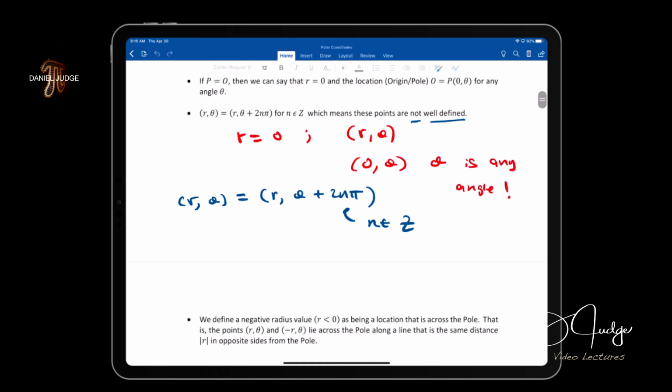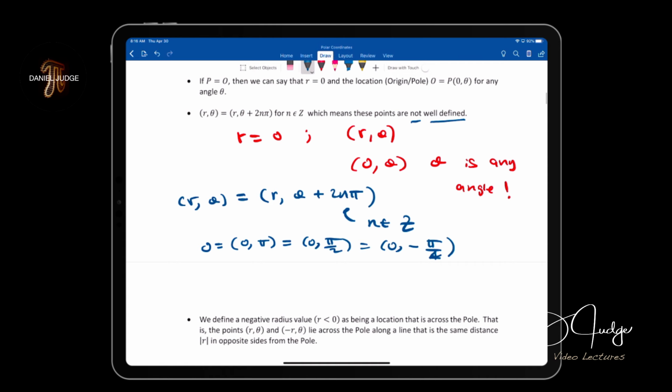So the origin can be described as 0 pi, or 0 pi over 2, or 0 minus pi over 4. That's all they're saying, that you have many ways to describe the origin. But there are many ways to describe the same point as well, because it's along a circle.